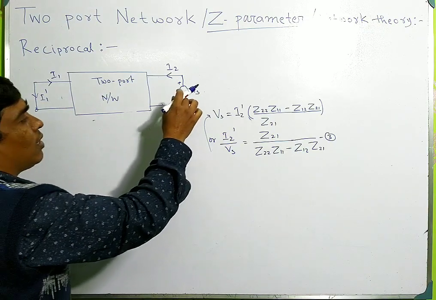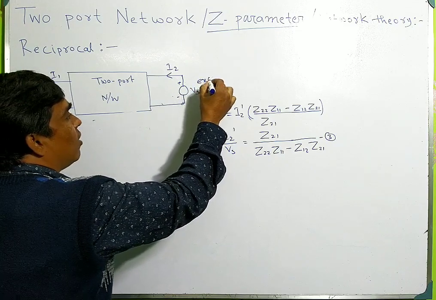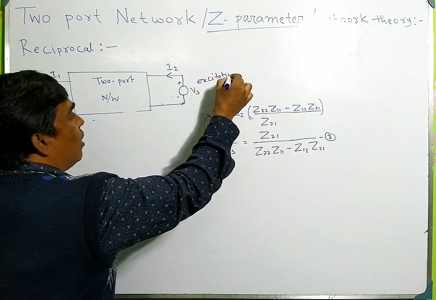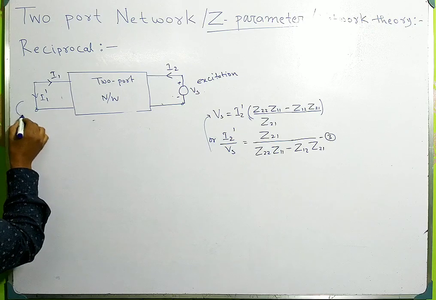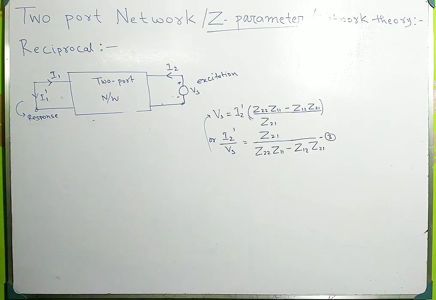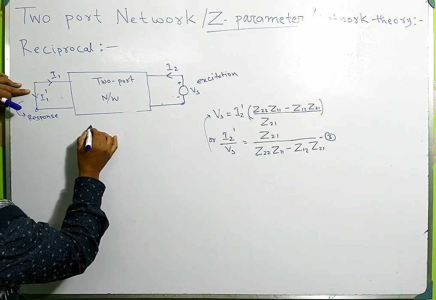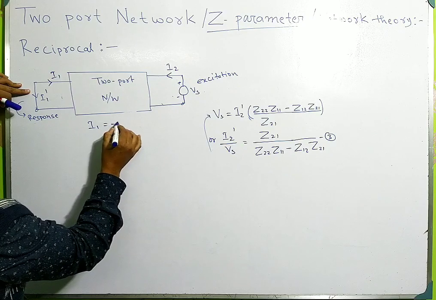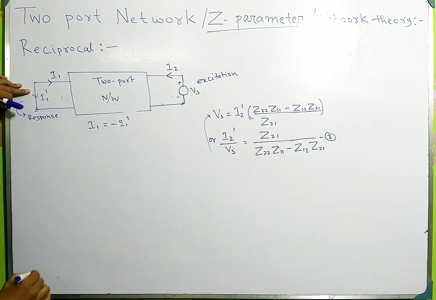In this case, here is the excitation and we get the response here. In this case we can also write that I1 is equal to minus I1 dash.